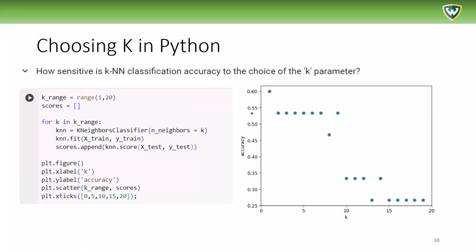I also give you some code to plot the different accuracy scores using different values for K. Here's a loop that trains and then tests data sets based on different K values.